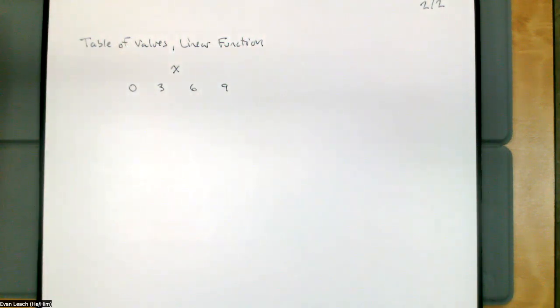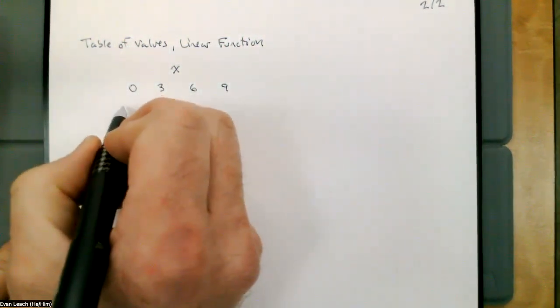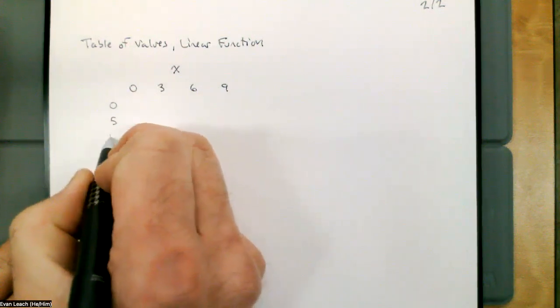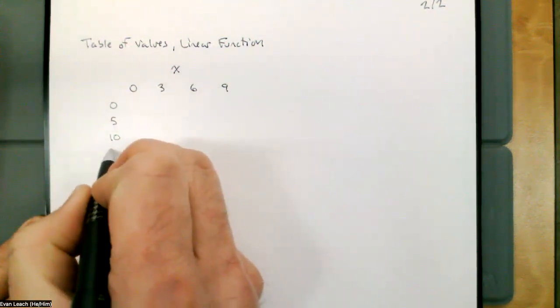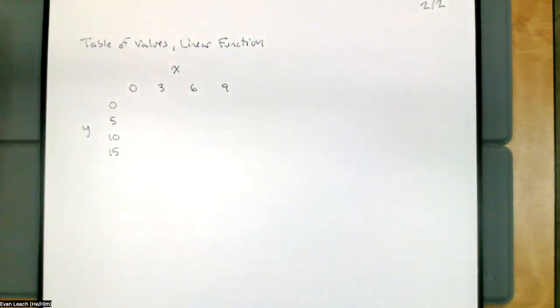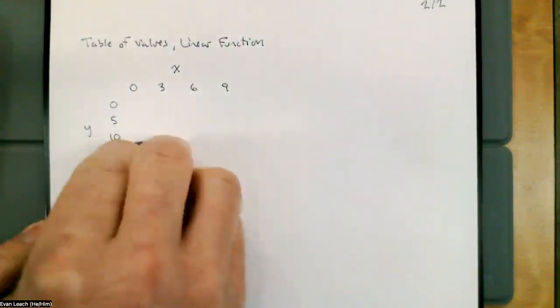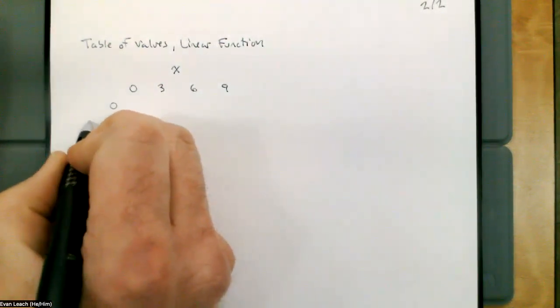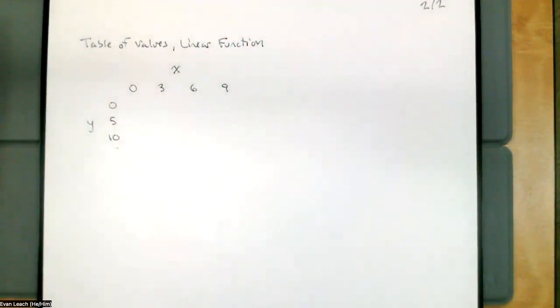And then in the table will be the z values at each of these points. Now I'm going to fill in some z values.